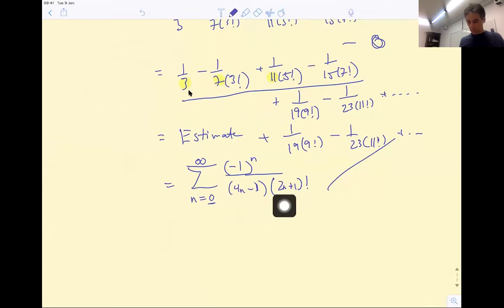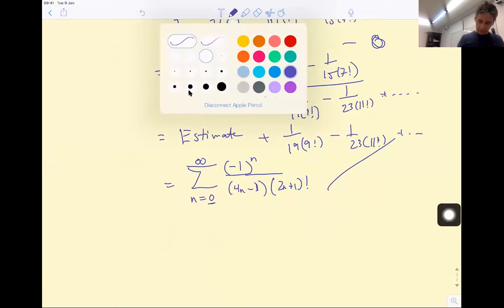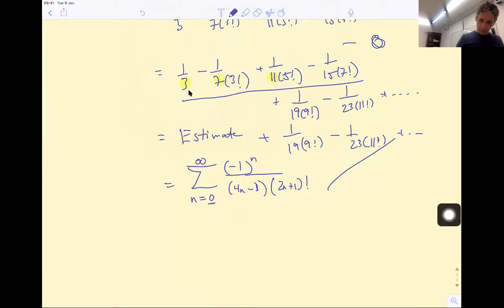I think we've messed this up, hold on. When n is 1, I think we just wanted 1. That will give me 3. And then here we need 3 factorial. Then we need 0 factorial.